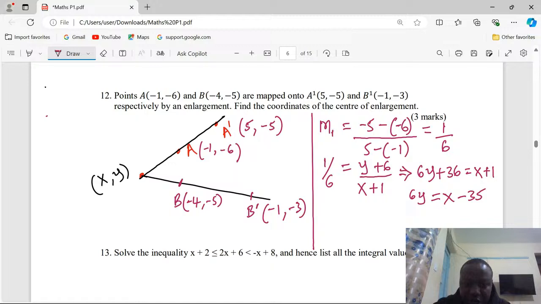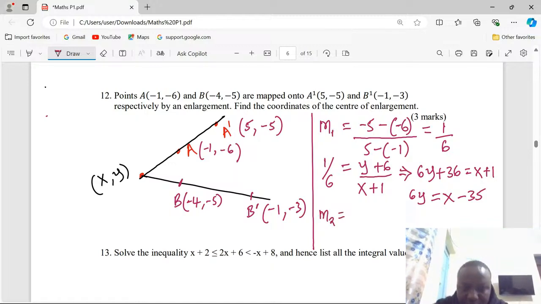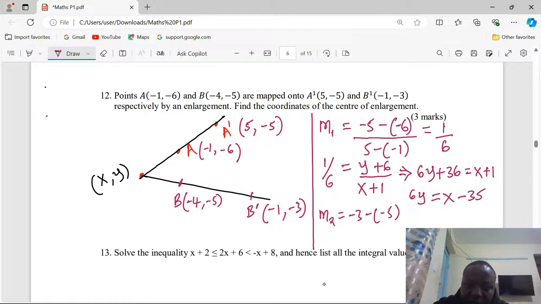The other equation is for B prime, whereby we get the second gradient, which is change in y over change in x. So -3 minus -5, divided by -1 minus -4.